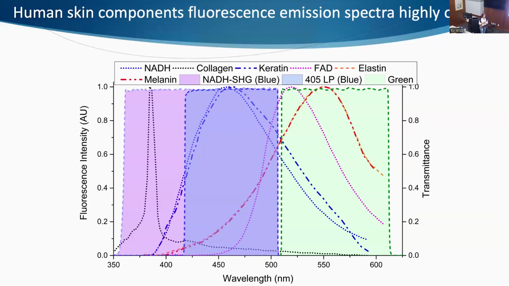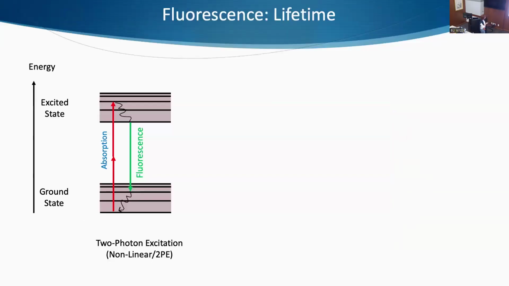When you don't use labels, when you use the intrinsic contrast, you don't get much specificity. And one way to enhance this specificity is resolving this fluorescence in time, so detecting the fluorescence lifetime of the molecule. And again, Professor Potma introduced this a bit, and I also mentioned it earlier.